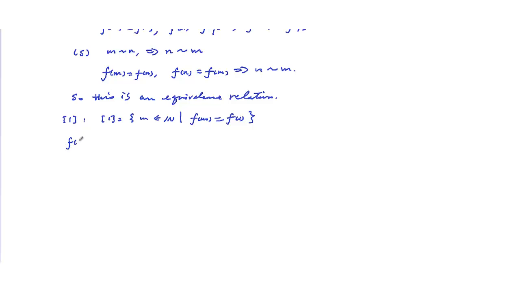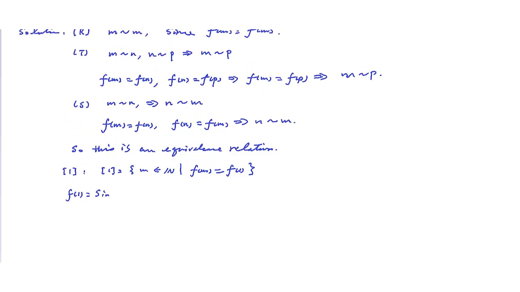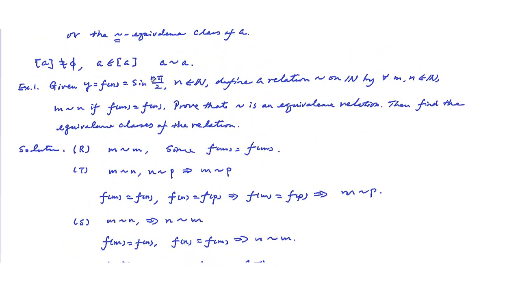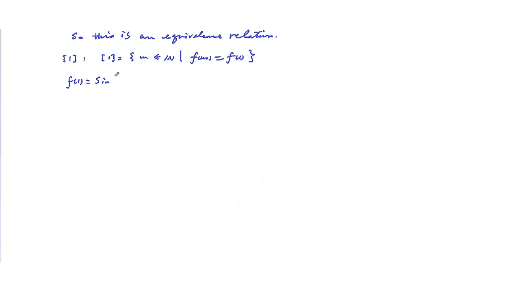So now let's look at f(1). The function is f(n) = sin(nπ/2), so for f(1) you put 1 here, and for f(2) you put 2 here. Then f(1) is sin(π/2), and you know it is equal to 1.